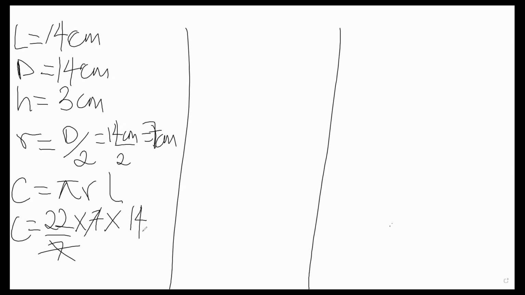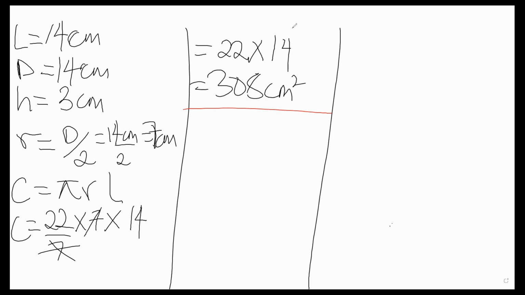So we have the curved surface area C is equal to 22 multiplied by 14, which is going to give us 308 centimeter square. That's for the curved surface area of the cone.